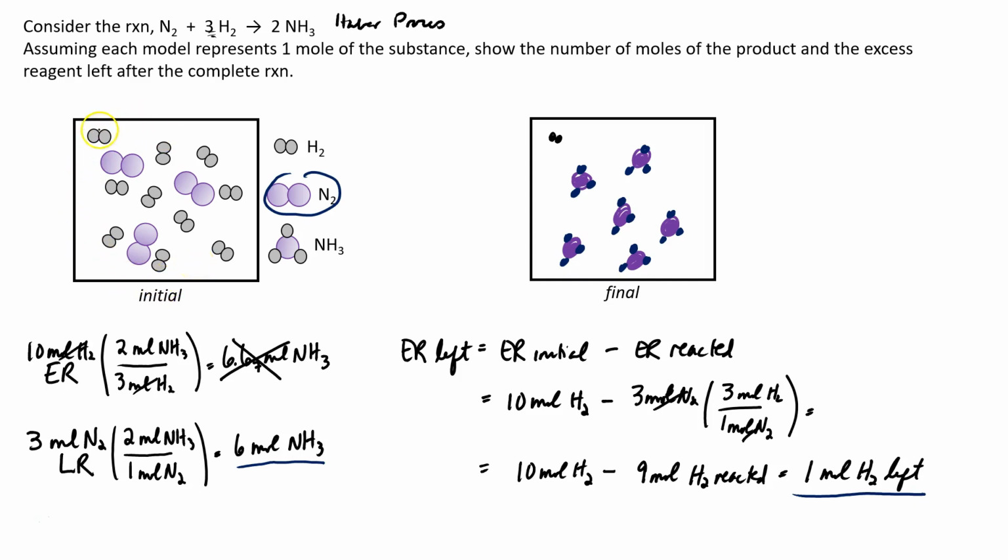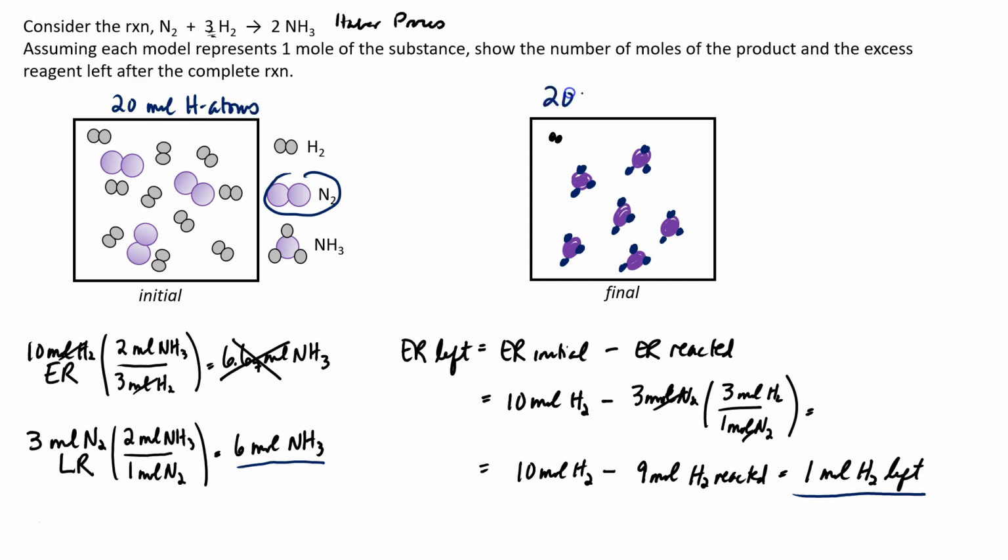the number of moles of hydrogen atoms, so we have 10 moles of hydrogen molecules, which would be 20 moles of hydrogen atoms. Take a minute and count.